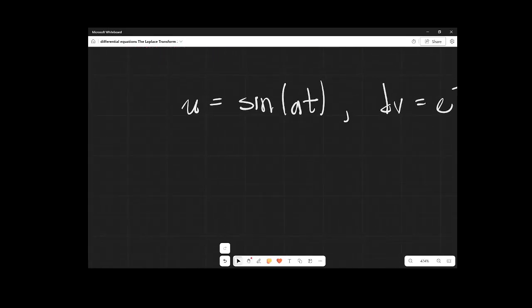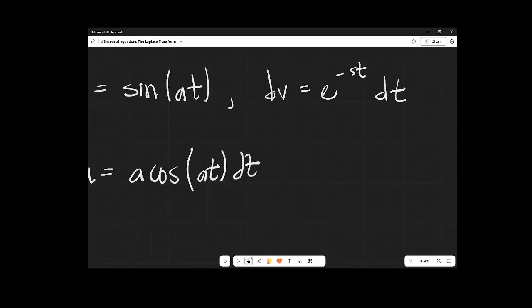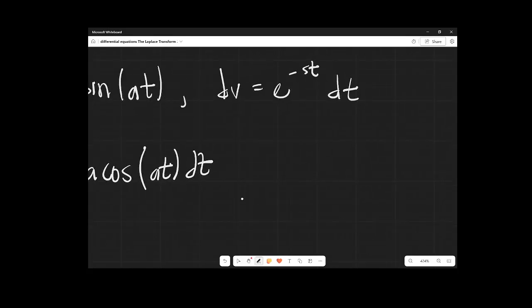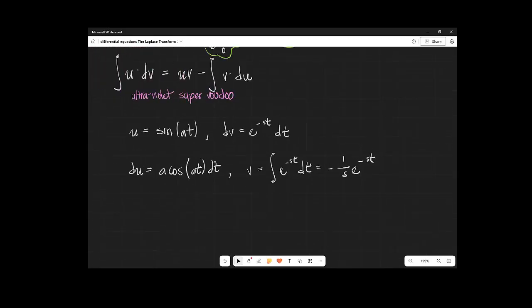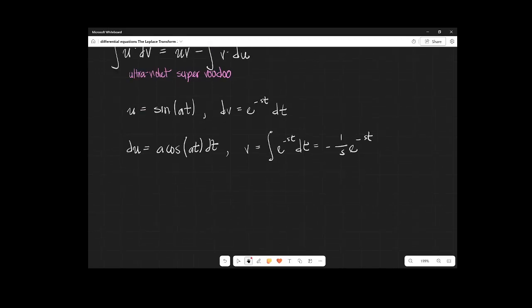And this means that then du is going to be equal to a cosine at with respect to t, differential dt. And also then finally v, well, that's just the integral of this, right? So that just equals the integral of e to the negative st dt, which quickly evaluates to be negative 1 over s e to the negative st. All right, bear with me. So we've got our u's and our v's.